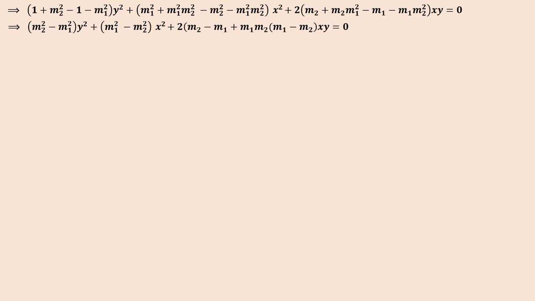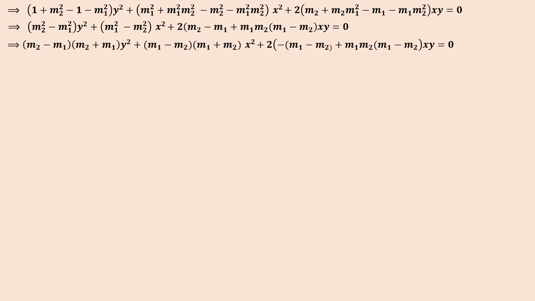So m2 square minus m1 square into y square, plus m1 square minus m2 square into x square, plus 2 times m2 minus m1 plus m1 m2, taking common outside from m2 m1 square and m1 m2 square, m1 m2 common, take it outside, m1 m2 into m1 minus m2 into xy equal to 0.